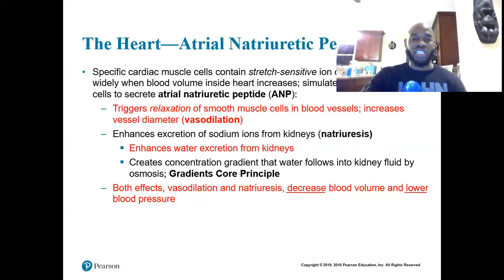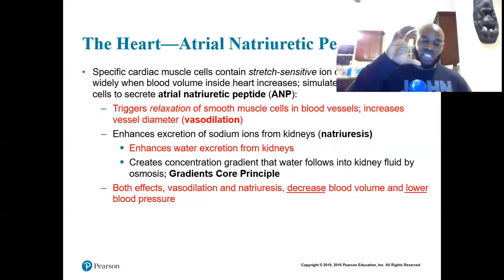It also affects the kidneys, enhancing water excretion from the kidneys. Both of these effects, vasodilation, the increase in size, and natriuresis, water excretion from the kidneys, decrease blood volume and lower your blood pressure.